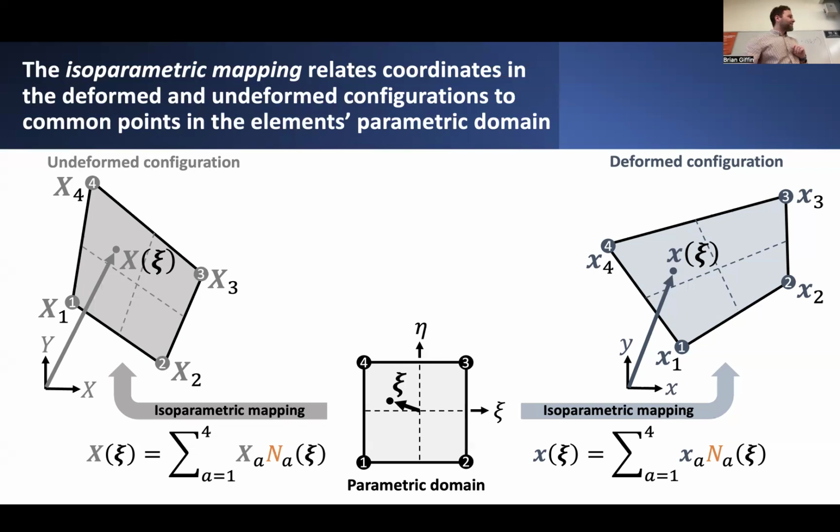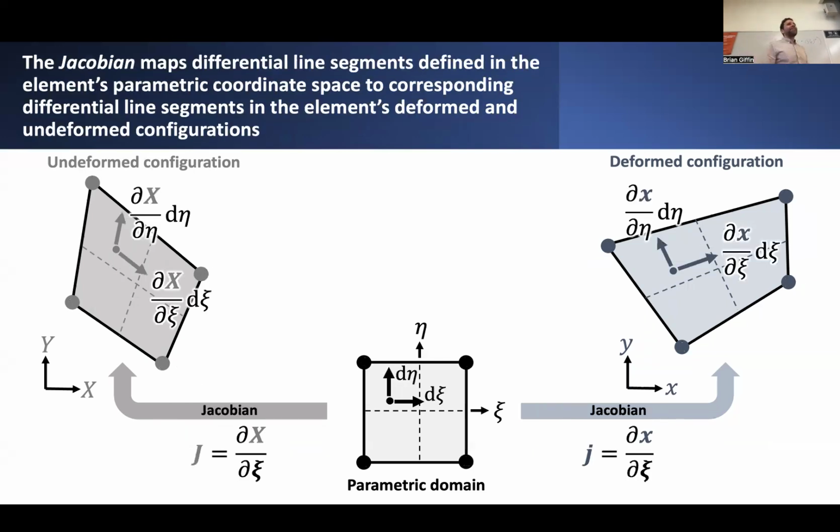In addition to having isoparametric mappings, one for each of these two configurations, we also have Jacobians. Remember, the Jacobian was nothing more than the partial derivative of the isoparametric transformation, the partial derivative of the coordinate x with respect to the parametric coordinates.